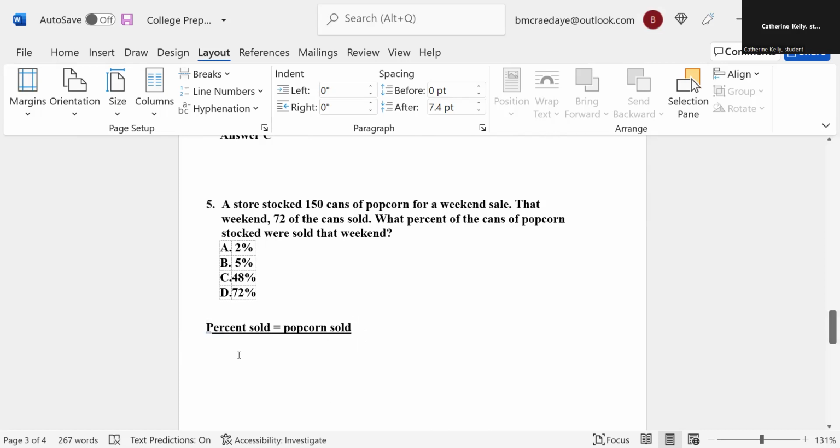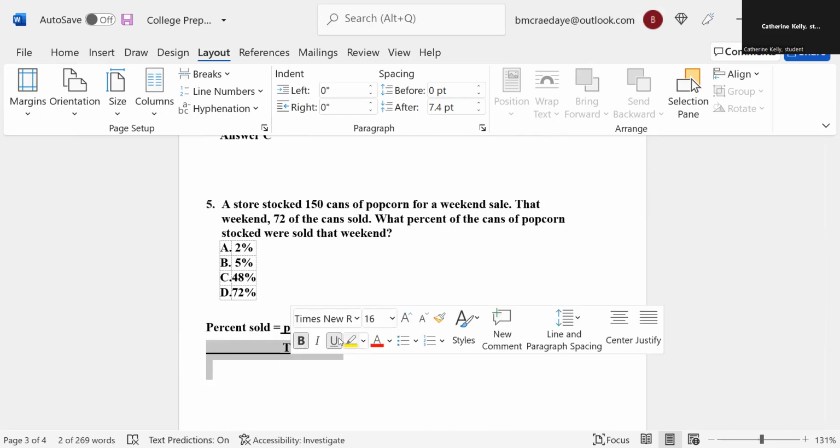What am I doing wrong? Hold on, 150. Percent sold. Let's see, let's take that out. Oh, it's popcorn sold over total. What sold is 72, right? And the total of cans is 150. So then you got to divide the 72 by 150.